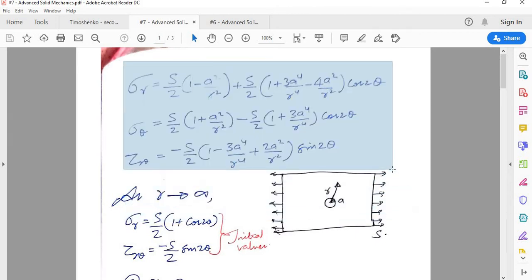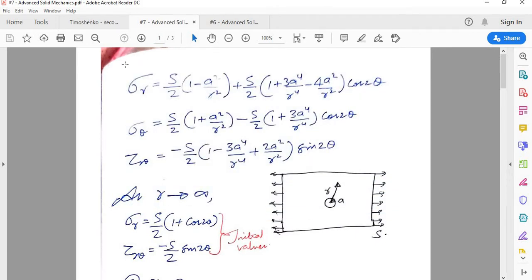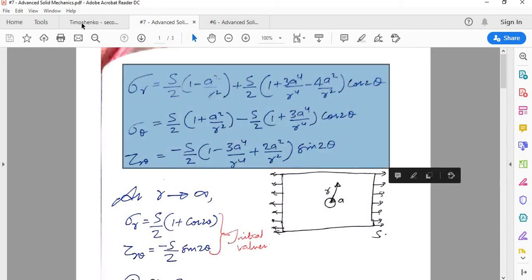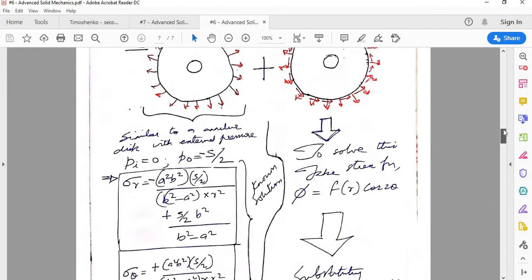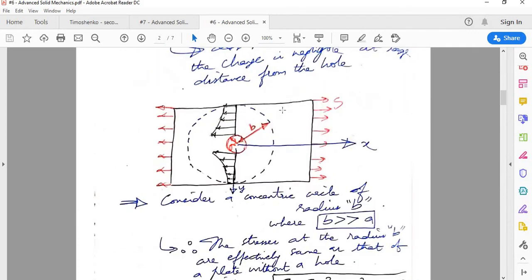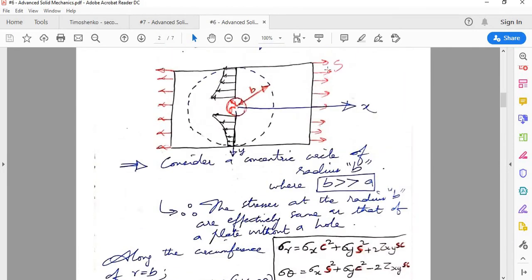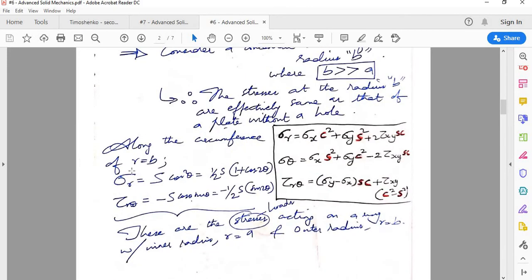So let us discuss the interpretation of these stresses for the plate with the hole and see what happens if you try to apply these formulations for finite plates. First and foremost, as r tends to infinity, you should get back the boundary condition. Remember, this is our simplification of the problem, and these particular stresses we had converted into polar coordinates, and these were the expressions for sigma r and tau r theta.